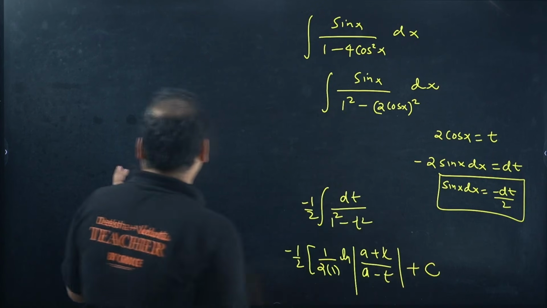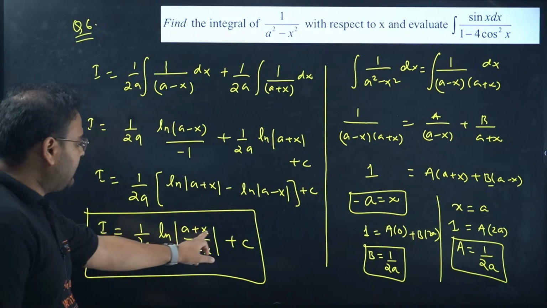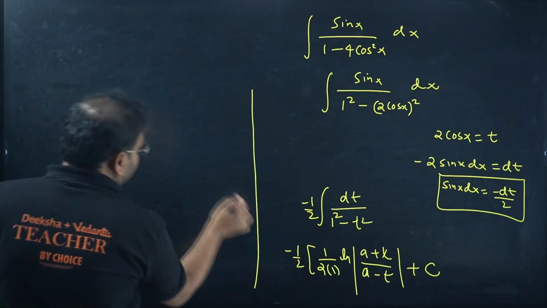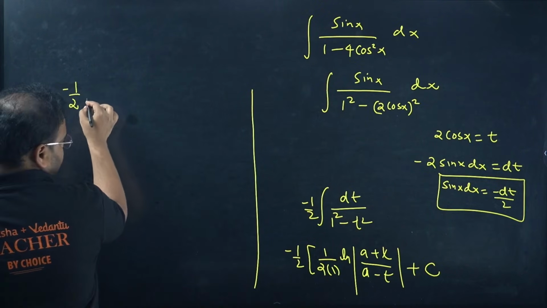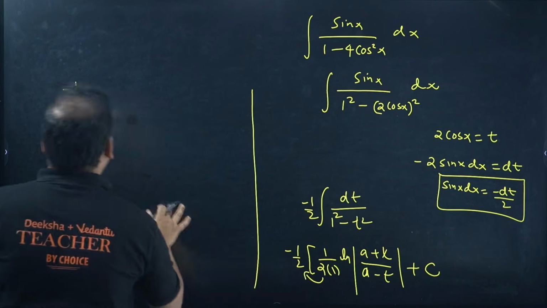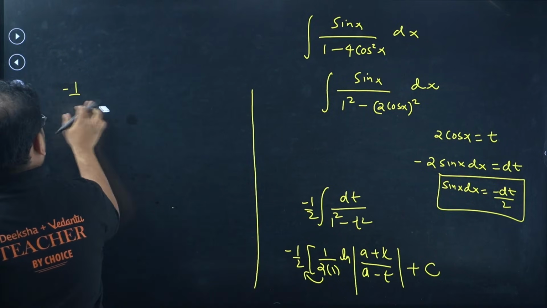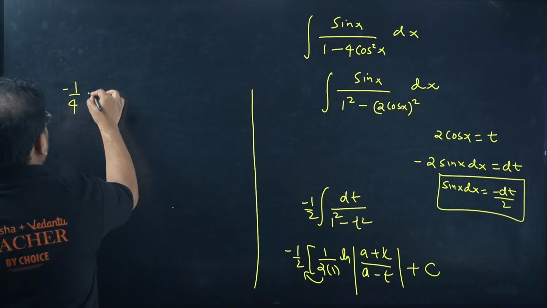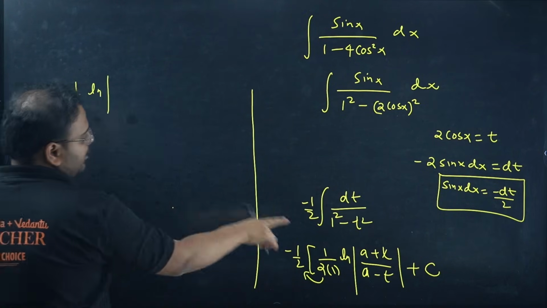If you remember, a plus t upon a minus t, x is there, so it will become t in that case. Final answer in terms of the variable: minus 1 by 2 into 2, this 2 will come over here, right? So 1 by 2 into 2, let's write this directly as 4 by 2. 4 ln. Now check. A plus t.